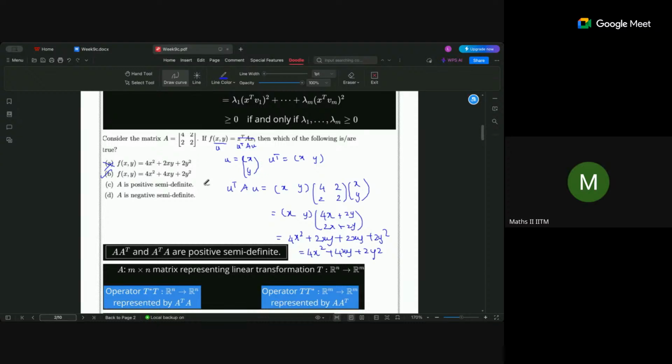Anyone computed the answer? 3 plus minus root 5.